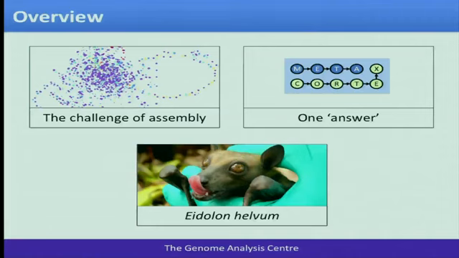So the talk is really in three parts. I wanted to talk about the challenge of assembly in general. So quite a lot of this will be revision on genomic assembly, and why genomic assembly approaches don't work with metagenomic data. Then I'm going to talk about one answer, in inverted commas, because we've heard a lot about how difficult assembly is.